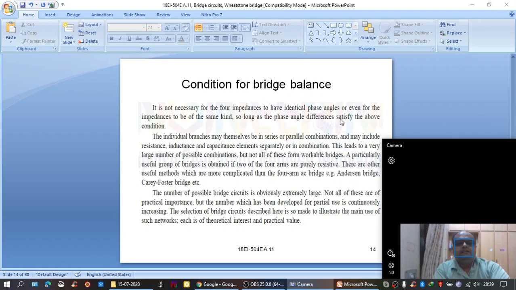This is all a generalized analysis. Now let us try to analyze a simple DC bridge circuit, that is Wheatstone bridge.